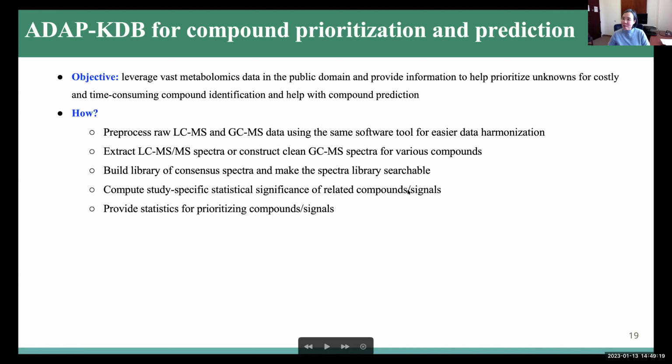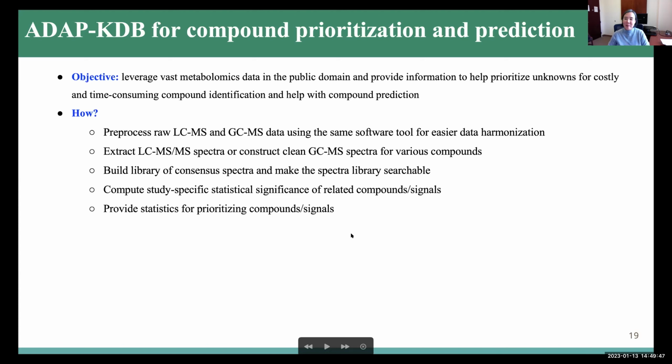How about those compounds that are unknown, either known unknowns or unknown unknowns? They are just not in the library. So what can we do about them? Obviously, we want to eventually identify them, but there are so many. As Oliver mentioned earlier, for about 1,000 signals that could be matched against the library, more than 8,000 of them actually could not be matched.